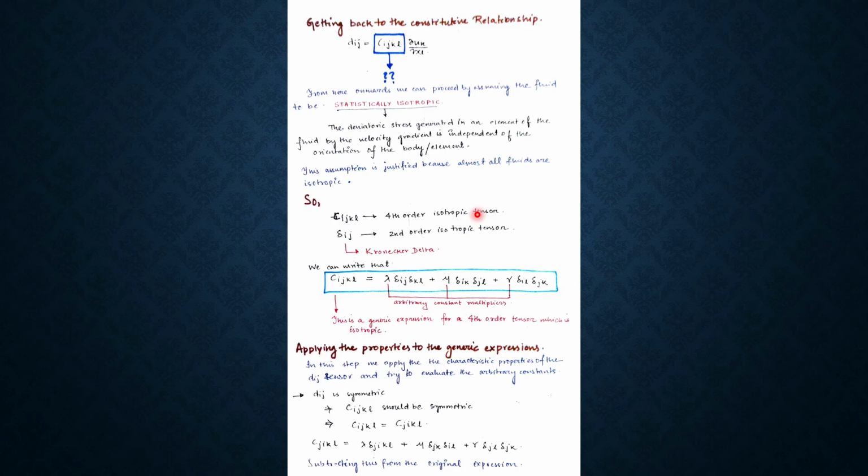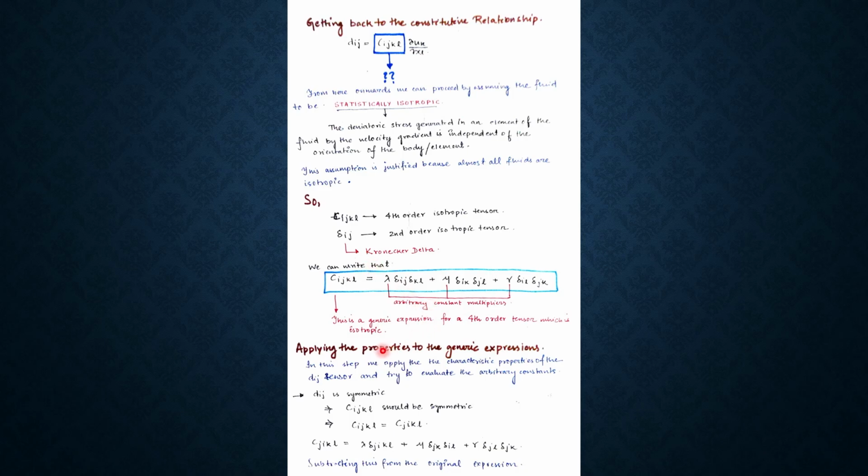Here lambda, mu and gamma are just arbitrary constants, as of now at least. Later I will establish they do have some physical meanings and names. And this expression written over here is a linear combination of all fourth order isotropic tensors represented through the deltas. This is a generic expression for the fourth order isotropic tensor.